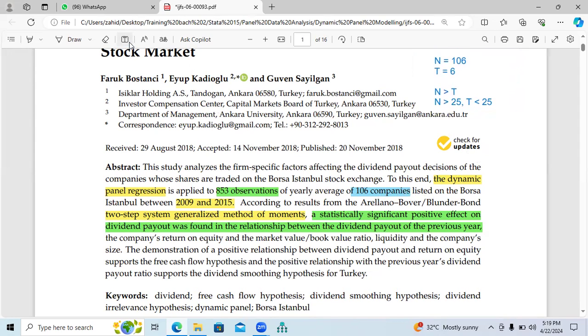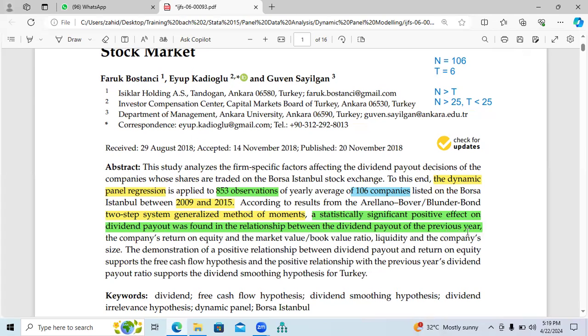So what they have discussed here, according to results from the Arellano-Bover/Blundell-Bond two-step system GMM method, a statistically significant positive effect on dividend payout was found in the relationship with the dividend payout of the previous period.